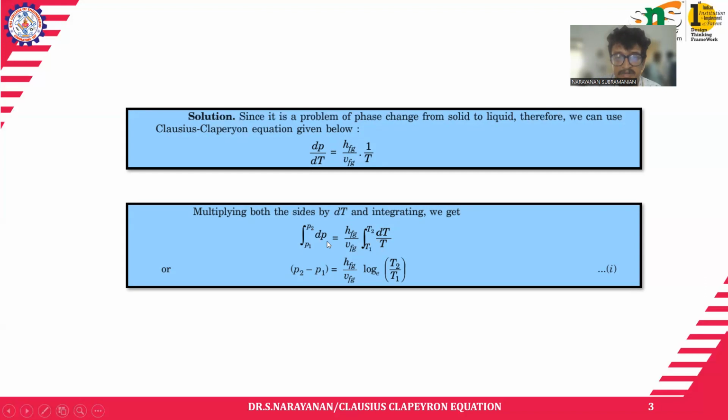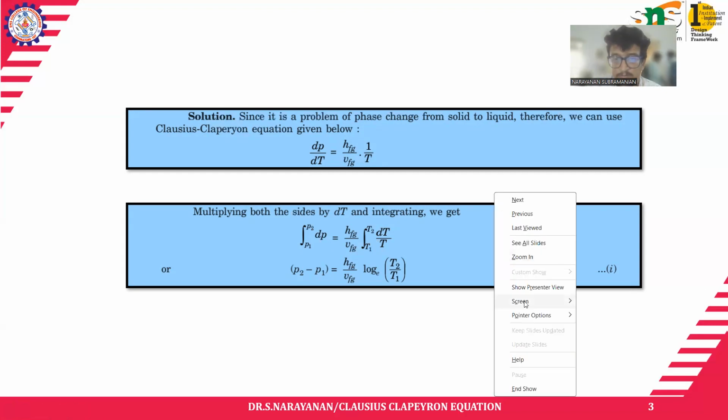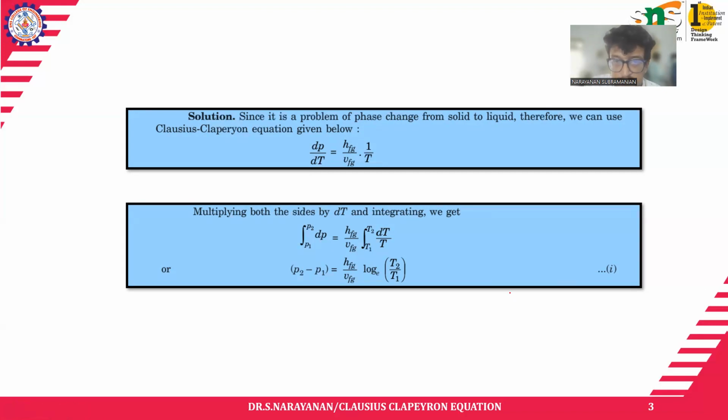When we integrate dP, we will get P, with the limits P1 to P2. Similarly, HFG and VFG are kept out of integration.